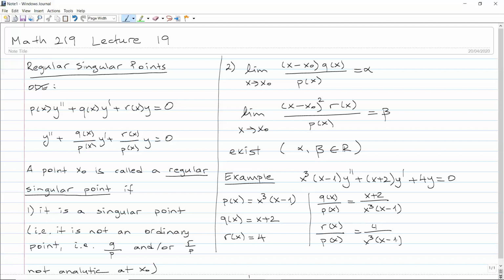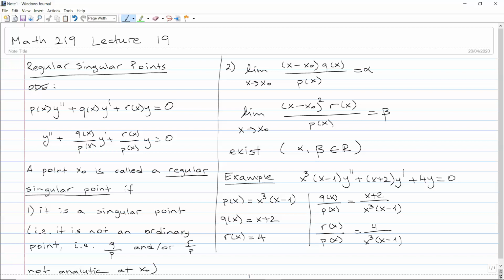Now, the coefficients are polynomials, so q over p and r over p are rational functions. Remember what I told you last time, all rational functions are analytic when they are defined. So for rational functions, we look for points where the functions are not defined.